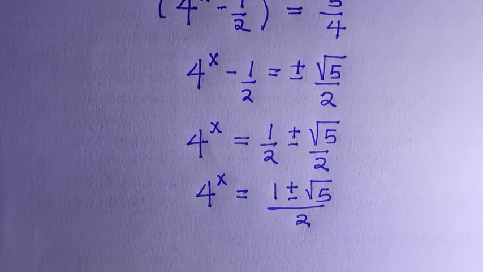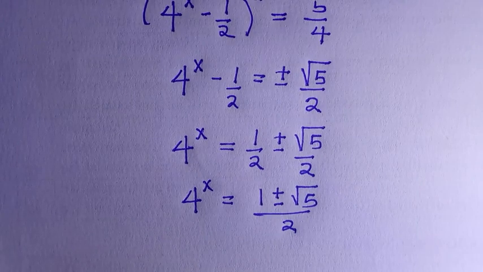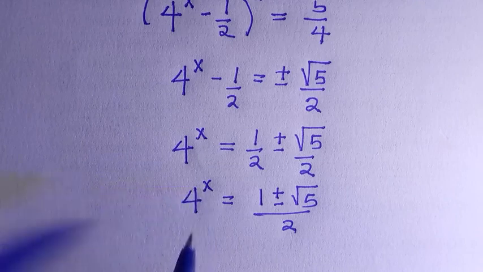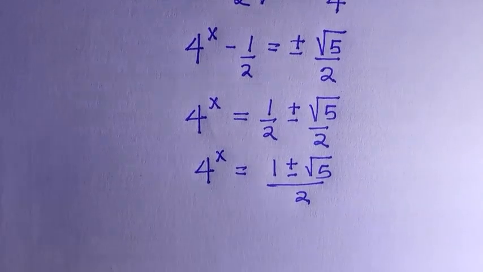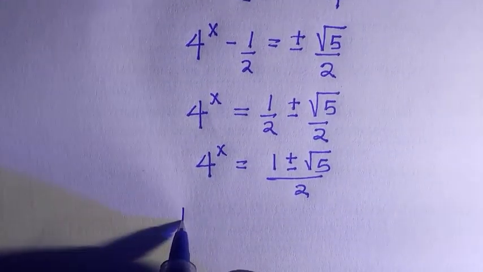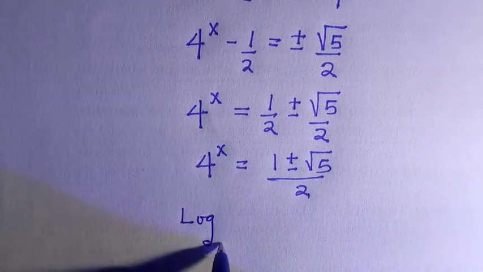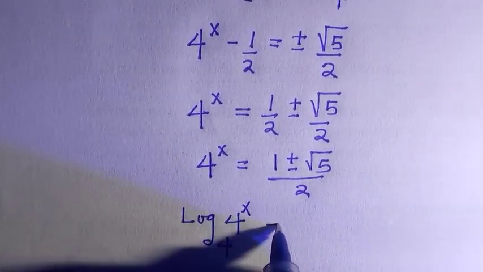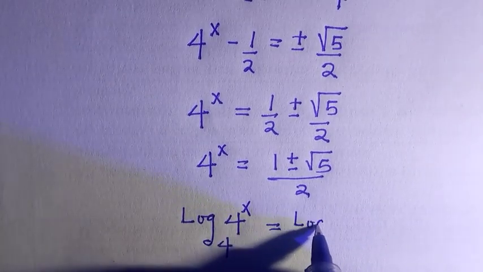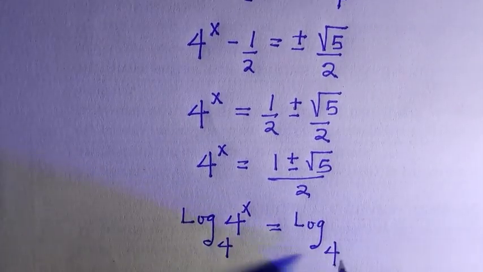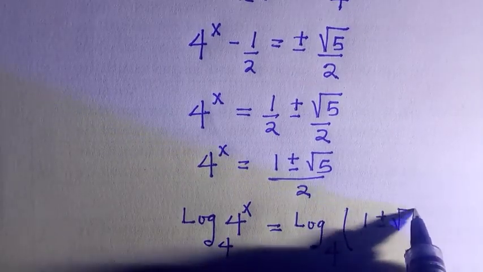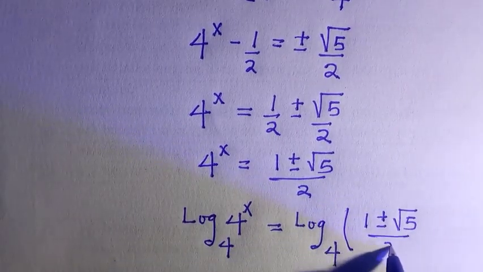For this, we are going to introduce the logarithm of base 4 to this side just to get the value of x only. It is as simple as that. Hereby we have the logarithm of base 4 of 4 to the power of x, everything equals the logarithm of base 4 of, in brackets, 1 plus or minus the root of 5 divided by 2.